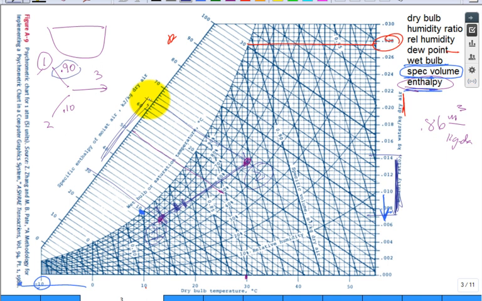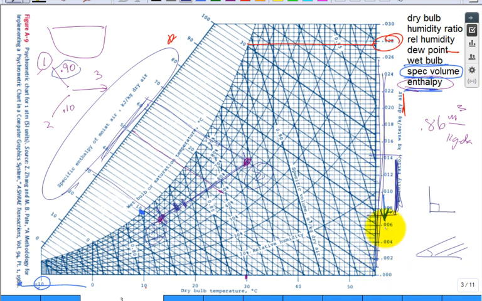in terms of enthalpies as well. A lot of times people like axes that are perpendicular, but you can still have an axis that's not quite perpendicular, and that's kind of what we have. We have an enthalpy axis and a humidity ratio axis, and so the enthalpies are going like this.